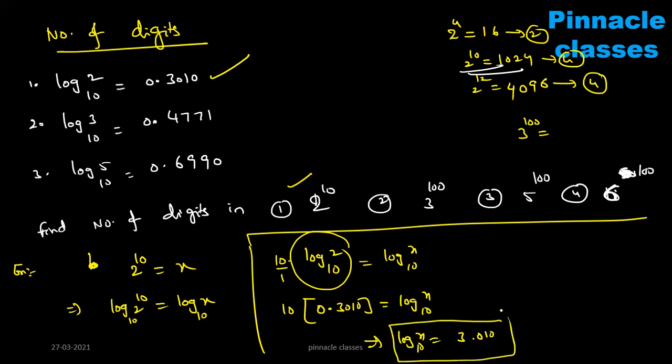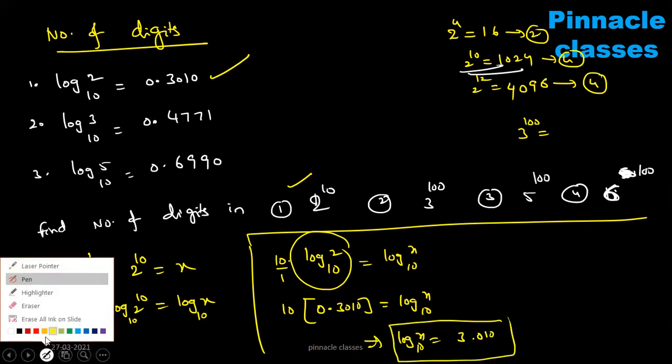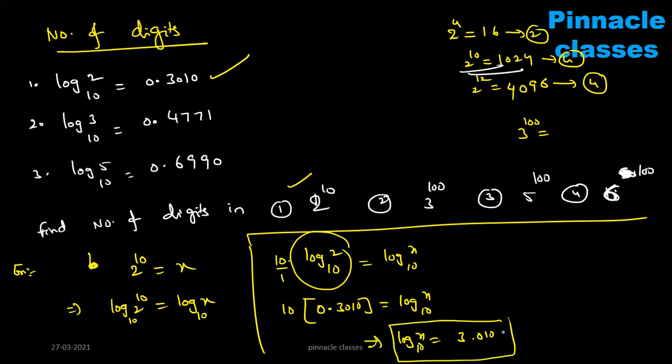So this is the logarithm. Finally, whenever you get these types of values, just add 1 every time. In 3.010, the 3 is called the characteristic value and the decimal part is called the mantissa, briefly discussed later.